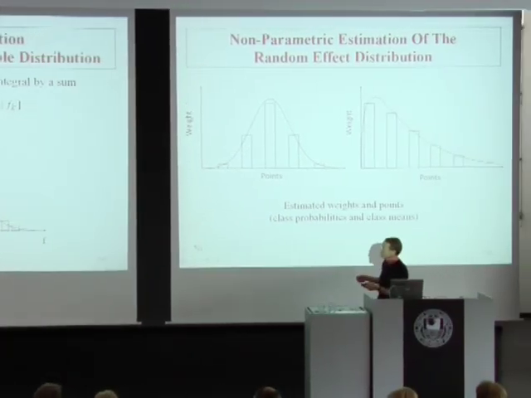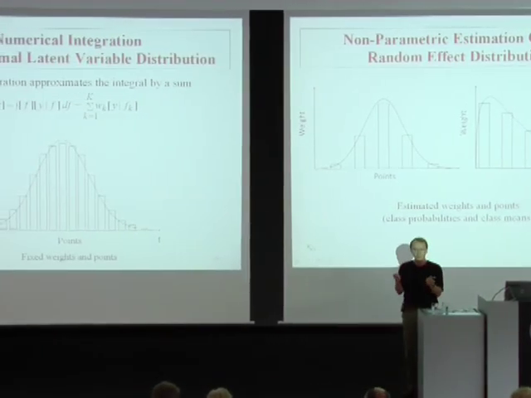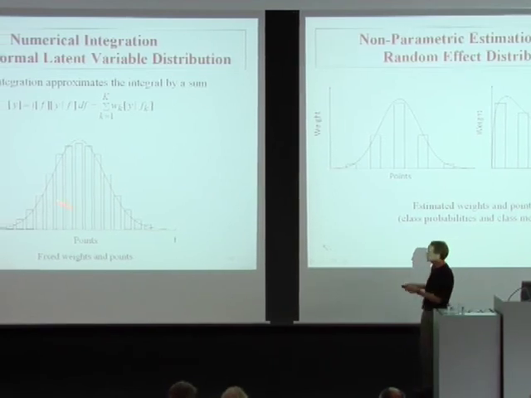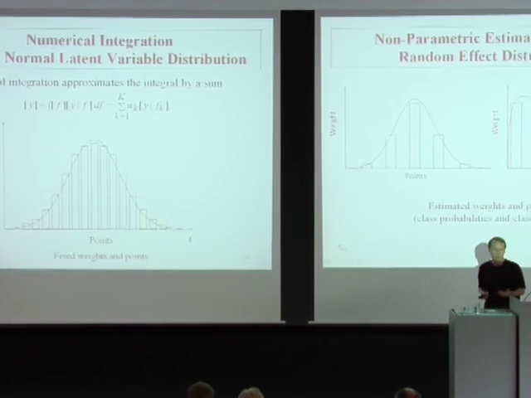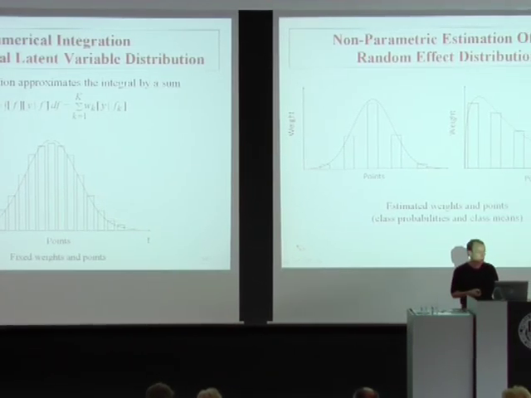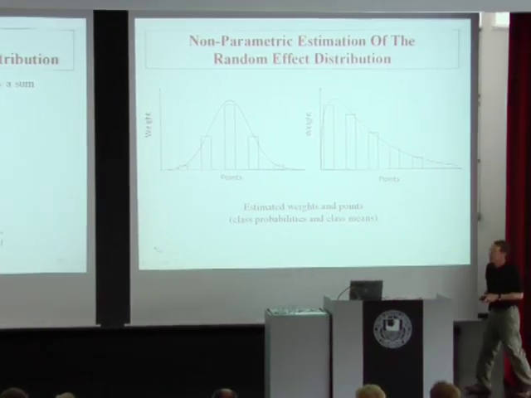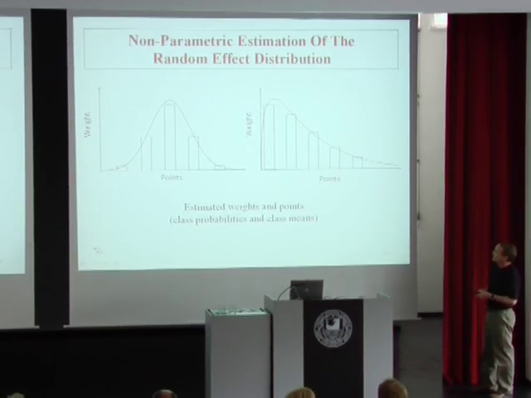Numerical integration uses fixed weights and fixed points. There are actually books that you can buy and read at night about the quadrature points and quadrature weights. You can figure them out when you have 15 points or 20 points or 40 points. It's great reading. Puts you to sleep right away. But that's implemented in computer programs. They can actually compute them now.